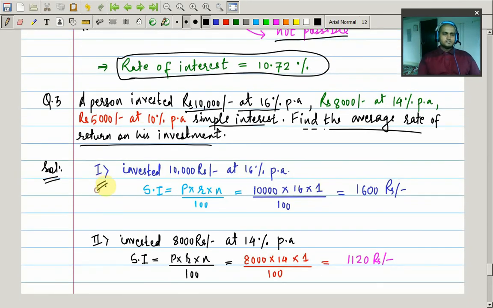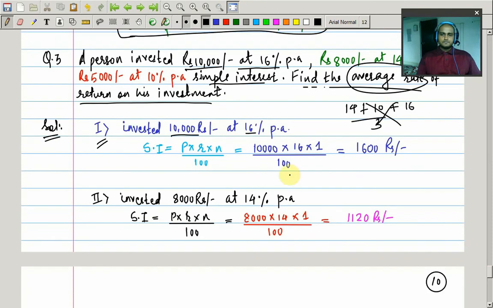So first investment is he invested 10,000 at 16% per annum. We want to find average rate. We cannot add the rates and divide it by 3. So I cannot do that: 14 plus 10 plus 16 and divided by 3. This is going to give me wrong average rate of return.